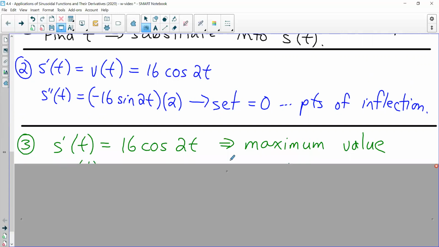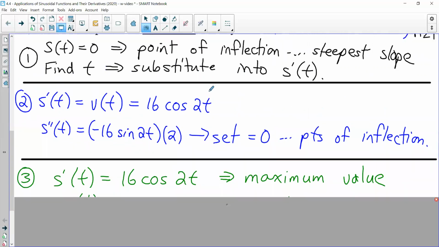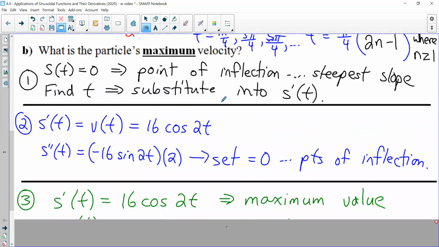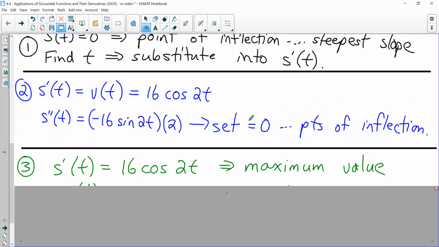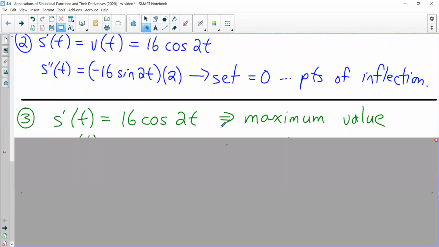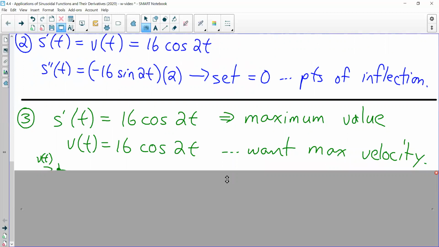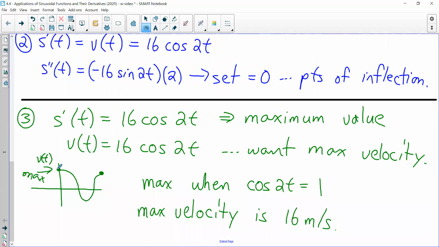Technique number 3, and there are different techniques. So these are 1, 2, and 3, different techniques here. So the point of inflection will give you the steepest slope. To find the point of inflection, remember, use the second derivative, set it equal to 0, and you can find it that way. That will work. Or, as I just mentioned, you want the maximum velocity, so you can simply use your graph.